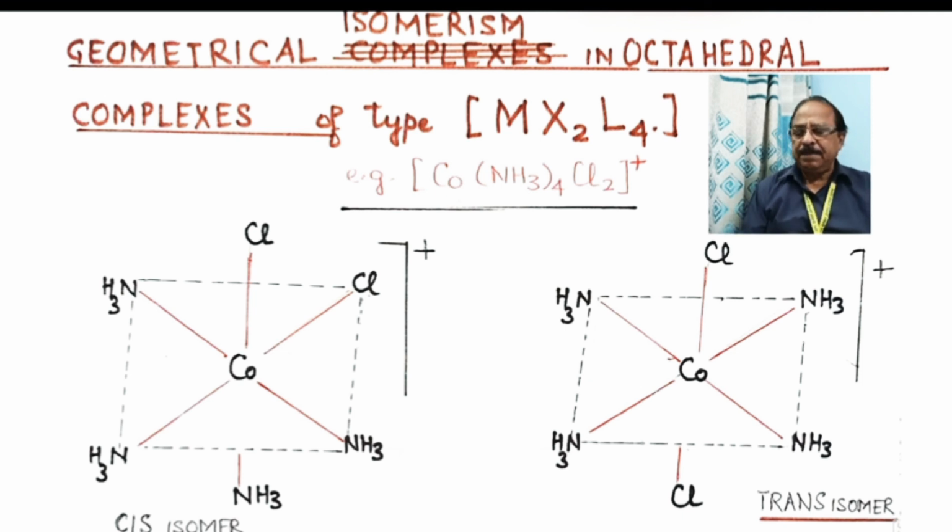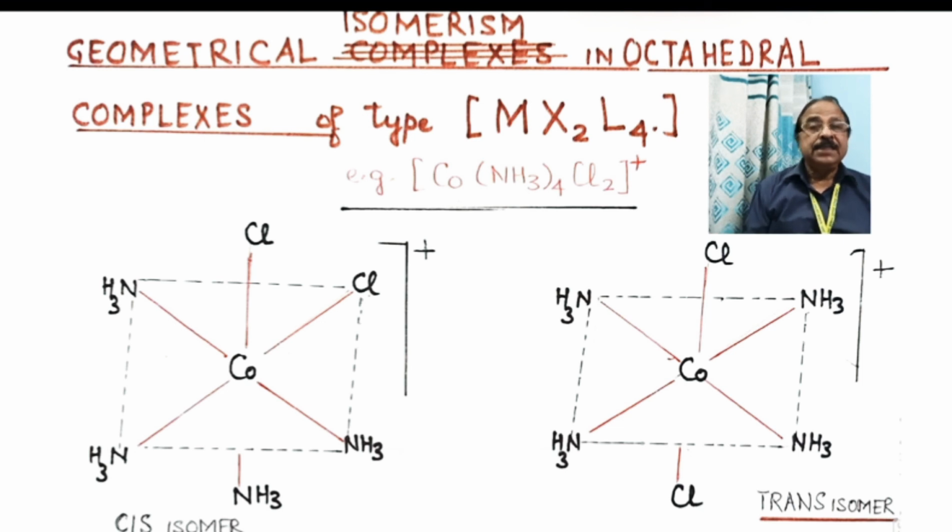And the second example which we will discuss is of the MX2(LL)2 type. What is LL? LL means one didentate ligand. So in this MX2(LL)2 type, there is a metal atom, two unidentate ligands of one type, and two didentate ligands.